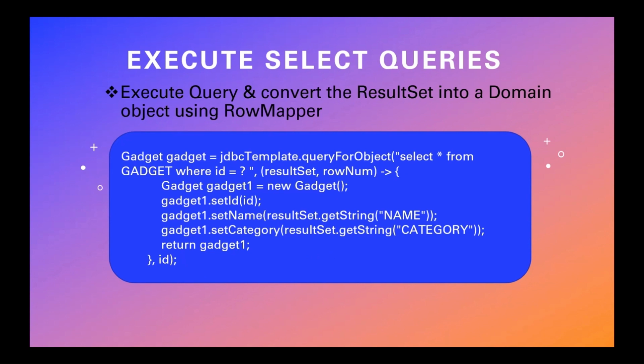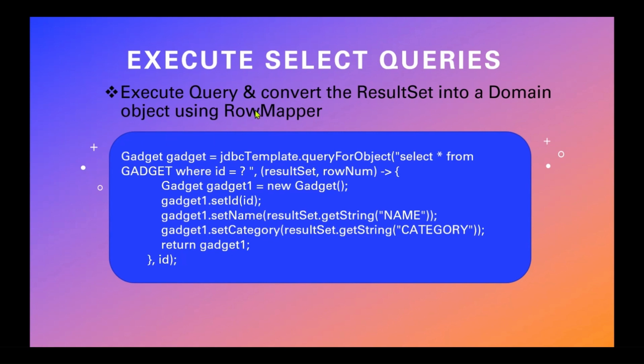Now let's see how to execute a query and convert the result set into a domain object using a row mapper. In the earlier methods, we have seen how to convert the result into a single class like integer or string, which is straightforward. But you want to map all the columns to a domain object.